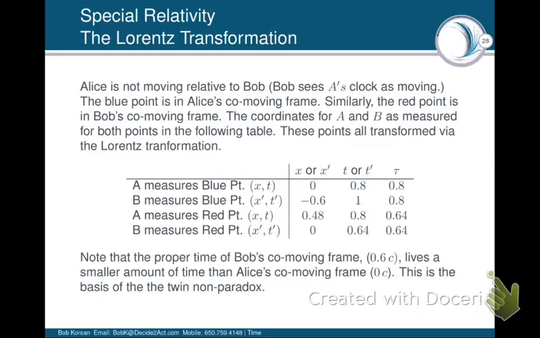But the combination of time and position provides exactly the same proper time, 0.8, as does Alice, who has no position. So this is the invariance of proper time.